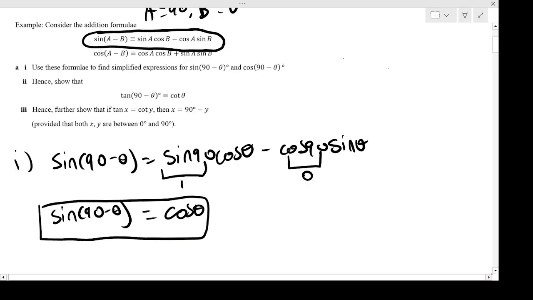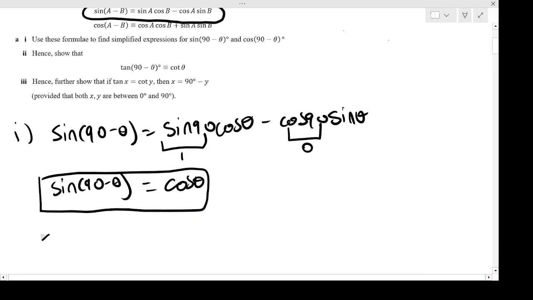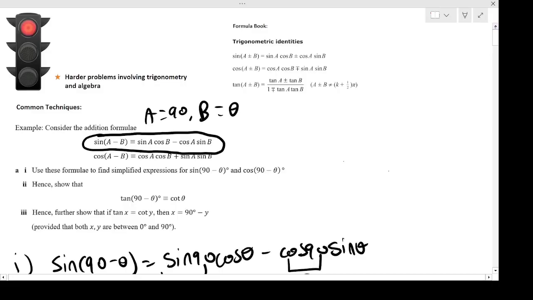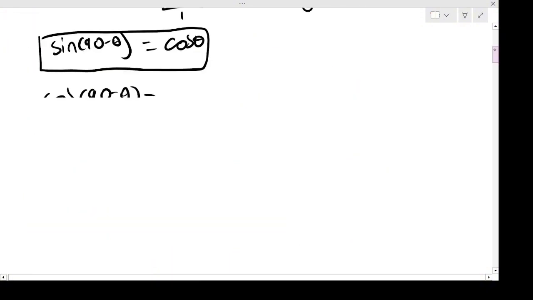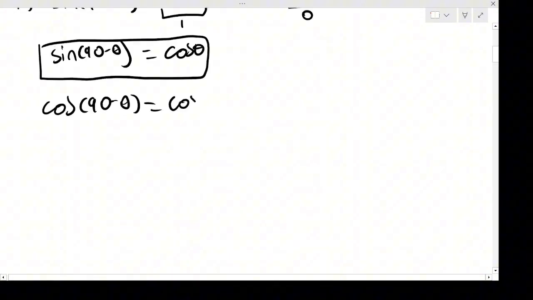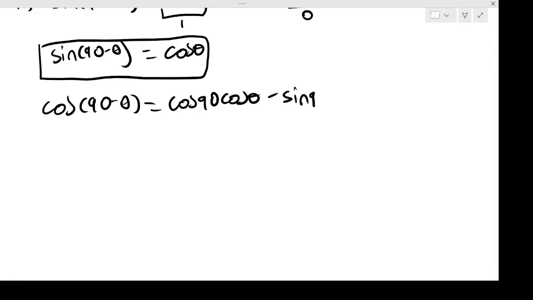We can also do the same sort of thing for cos. So cos of 90 take away theta. Now we're going to use the cos formula here. Again, A is going to be 90, B is theta. So if we do cos 90 minus theta using the formula, that will go to cos 90 cos theta, take away sine 90 sine theta.